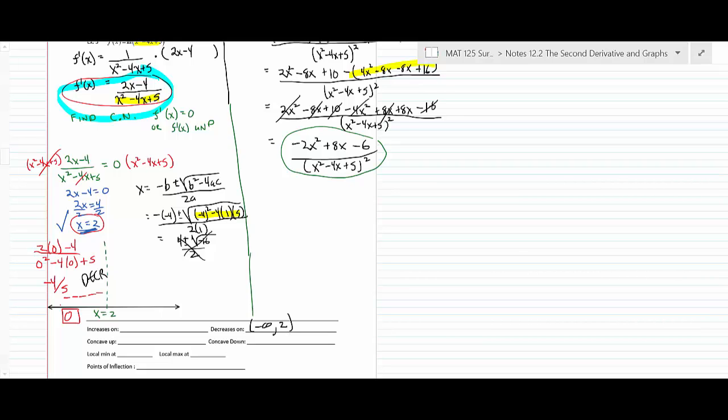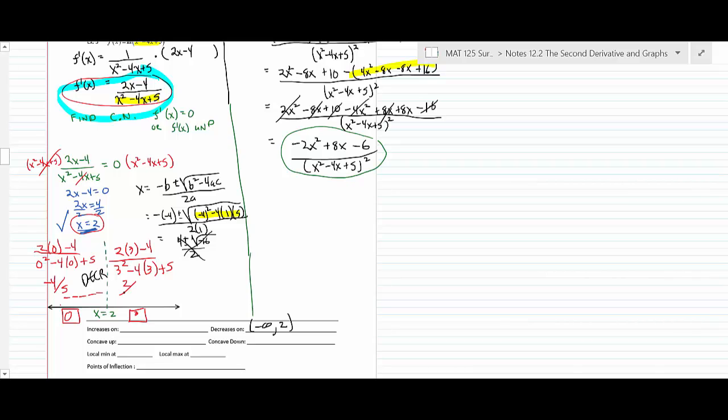Okay. All right, now let's go with the test point for 2. What do you want me to use? 3. Yeah, 3. Okay. So we're going to do 2 times 3 minus 4. That's a positive numerator. That's all I care about. Then I have 3 to the second minus 4 times 3 plus 5. So that looks like 6 minus 4 or 2 in the numerator.